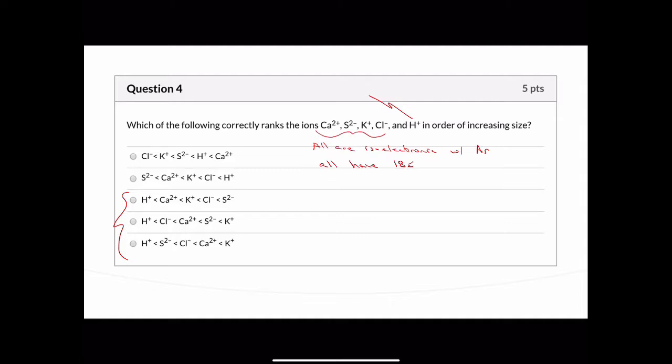So that would make sulfide, the anion with the biggest negative charge, the largest of those ions. So this one must be the correct answer. And in terms of my cations, every time I remove an electron, the cation gets smaller and smaller. So calcium 2+ is going to be smaller than potassium plus.